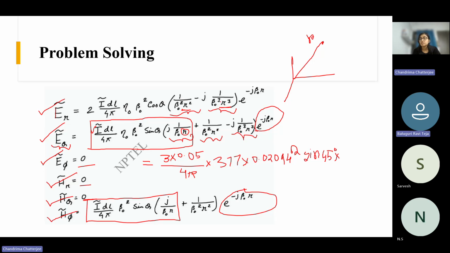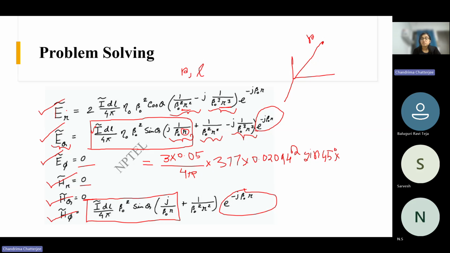If L and lambda are comparable, then you will have to consider this. So ER is near field, E theta is far field.